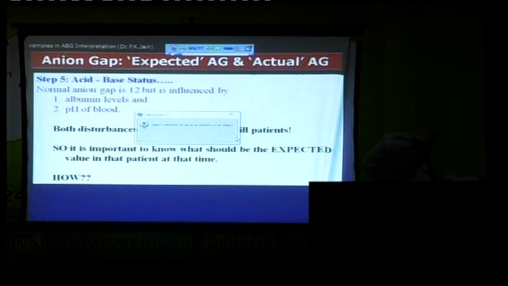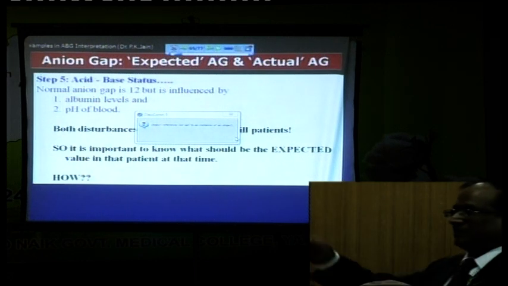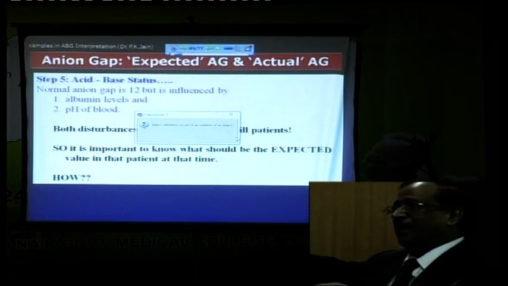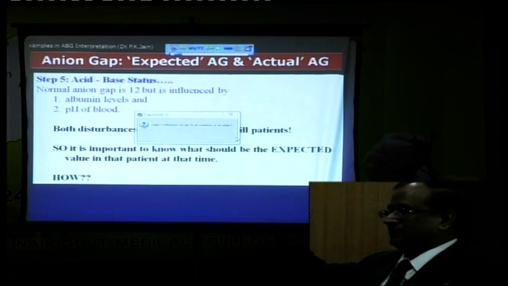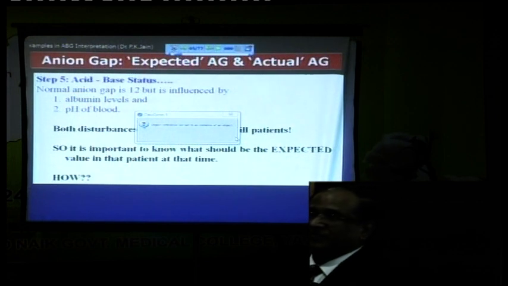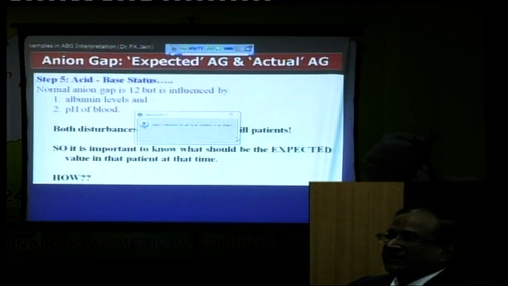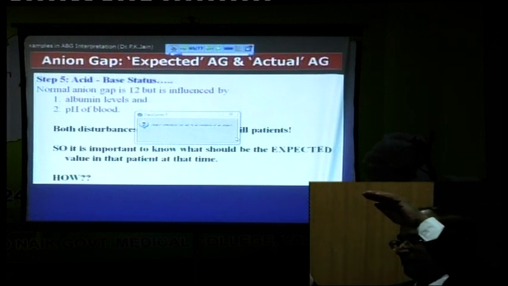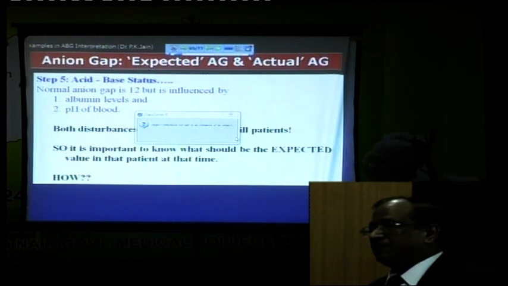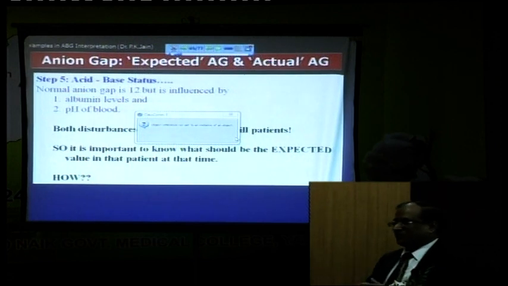Now the important thing is, if you take 12 as a reference and your patient has a value of 16, you may say high anion gap, and therefore you will start looking at lactic acidosis, alcohol intoxication, like that. But if your expected is 18, then 16 is not high. Have you understood this? And therefore it becomes a renal tubular acidosis and you're not thinking of lactic acidosis.